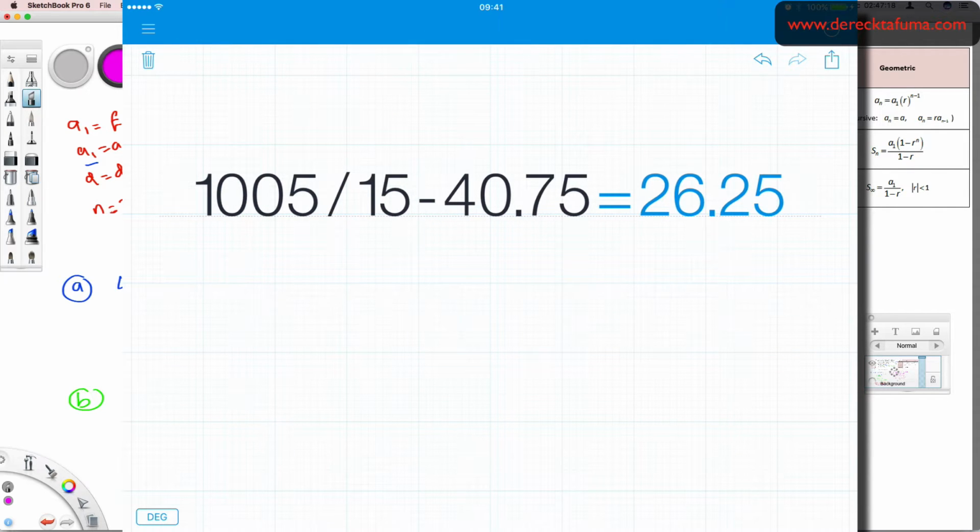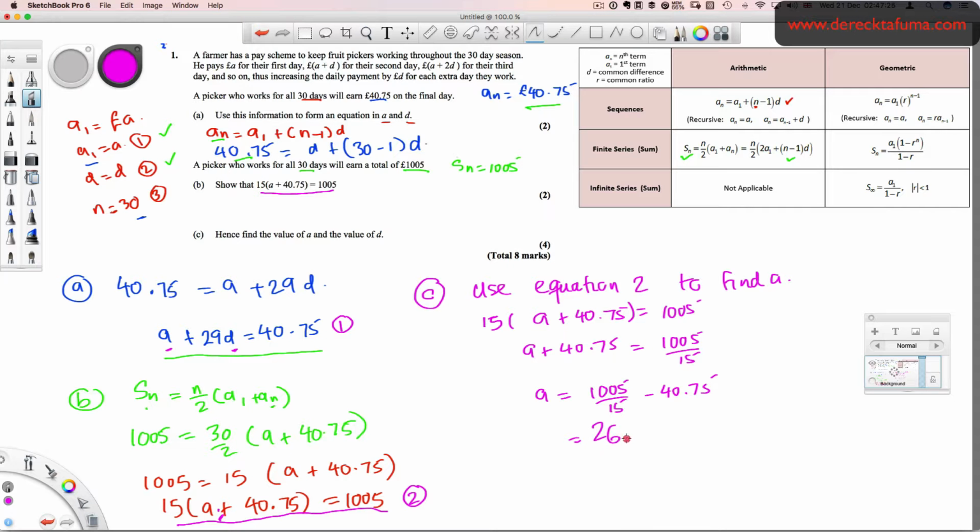That gives us 26.25, and that's A. So we've got an equation with A and D, which is equation 1. So we're going back to equation 1. Let's have a bit of blue.